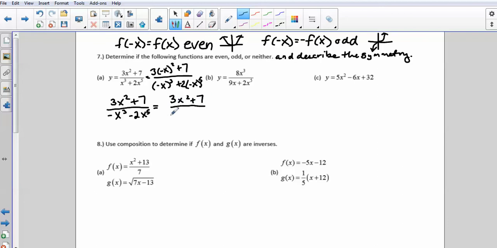My denominator, I factor the negative out. And now I have the same over the same with one negative. That makes the entire fraction negative. So I would say that this function is odd, which means it's symmetric to the origin.